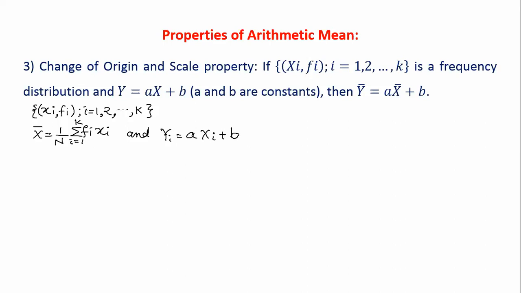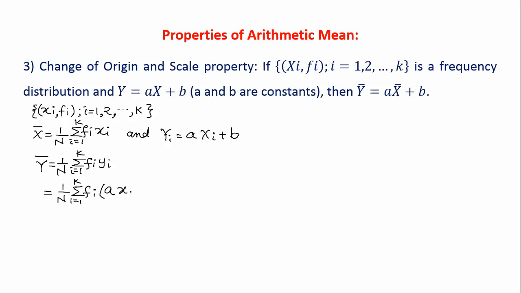So we will be finding y bar. Y bar is equal to, and we know the formula is, summation fi into yi, i running from 1 to k, divided by n. So this is equal to 1 upon capital N summation i from 1 to k fi times yi.